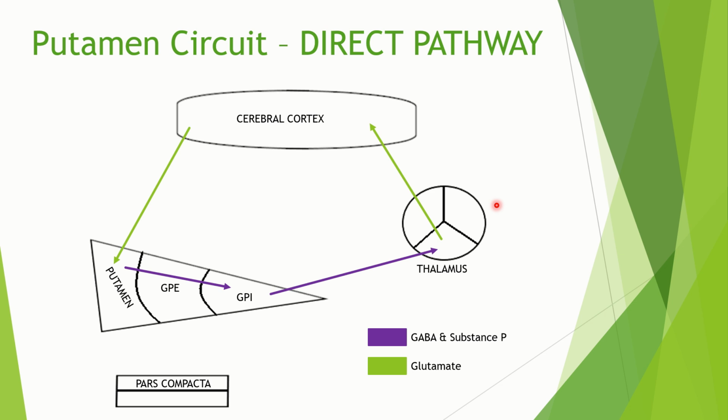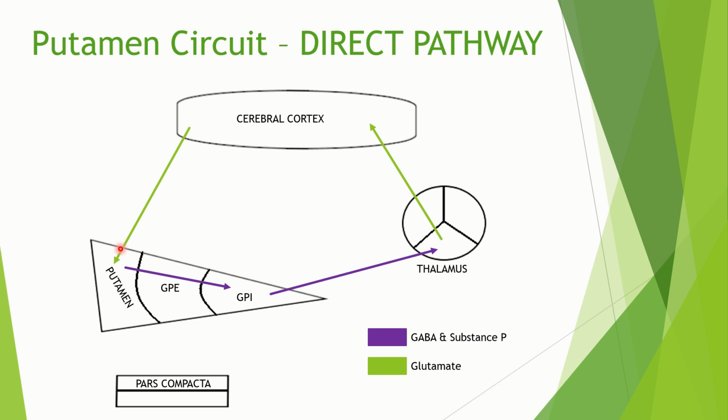So we start. From the cerebral cortex to the putamen of the lentiform nucleus, you are going to find corticostriatal fibers. These fibers are glutaminergic fibers, which means they release the neurotransmitter glutamate.